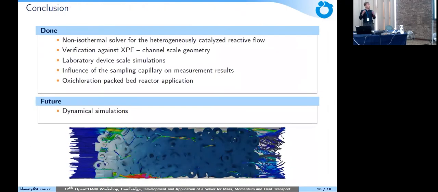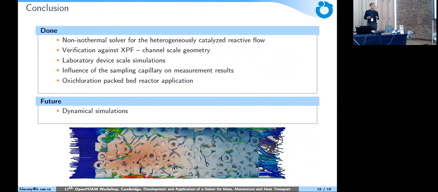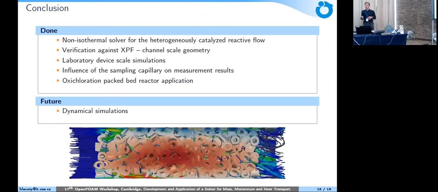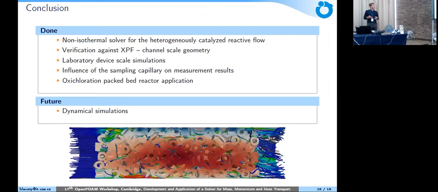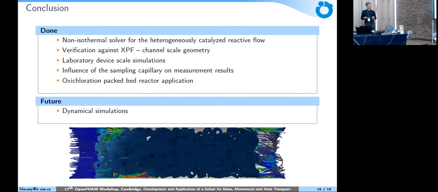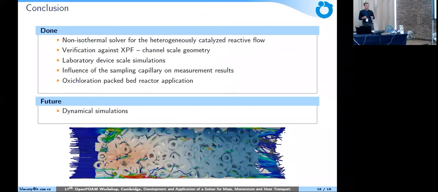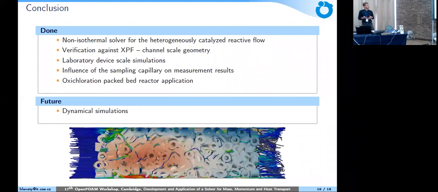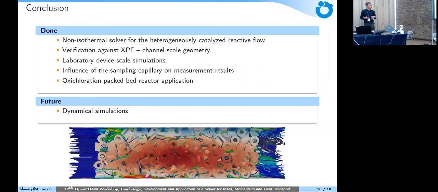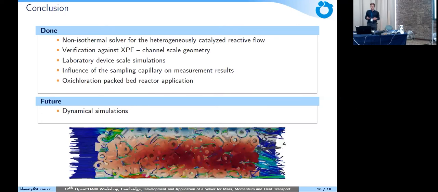That brings me to the end of my presentation, where I would like to conclude. We have developed a non-isothermal solver for heterogeneously catalyzed reactive flow. We have verified it against a surrogate model in a channel-scale simplified geometry, and we performed some other device-scale simulations, and we are currently working on studying the influence of the sampling capillary on measurement results.